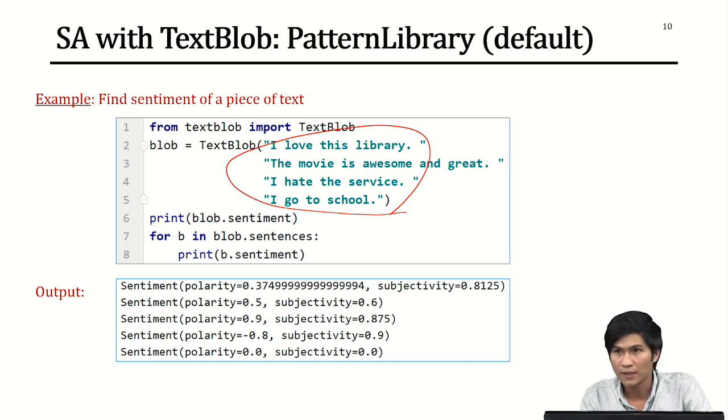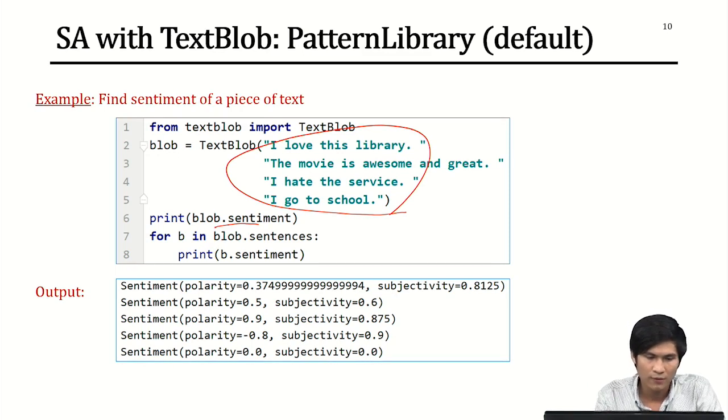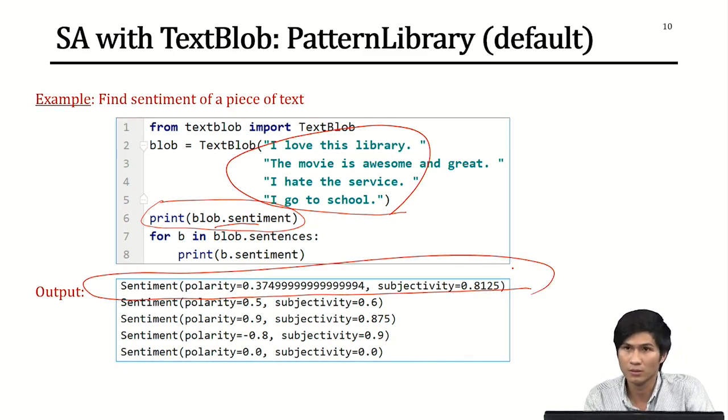Next, we can find the sentiment using the sentiment function representing these sentences in the TextBlob object. If we print the sentiment here, it will give you the overall information for this piece of text. We have the polarity, which is 0.73. It is a positive number, so it is saying there is a good chance of positive information. And the subjectivity, talking about the subject in the sentence, is higher.